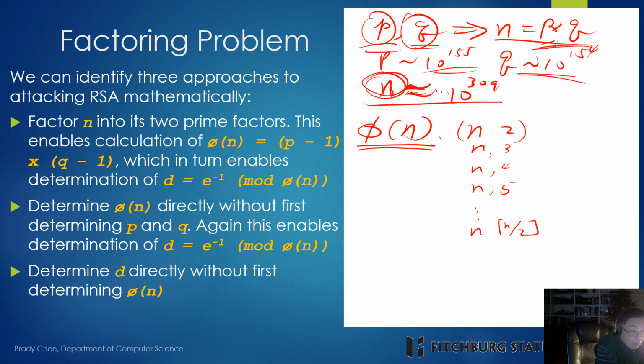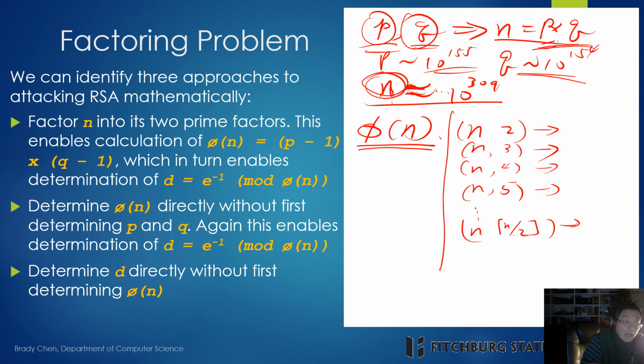You have to make sure: are they relatively prime? From 2 to half of n. That's about the same computational time as factoring n. So that's computationally infeasible to do.